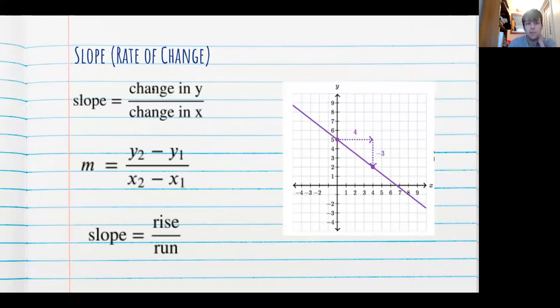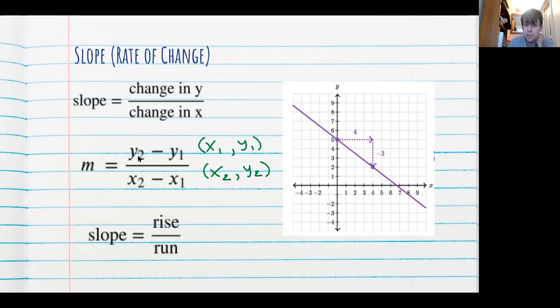Some other ways that we represent slope is by the change in y over the change in x, so vertical change over horizontal change. There's the slope formula that we can use when we are calculating slope between 2 points. If we have 2 points, x1, y1 represents our first point, and x2, y2 represents our second point, then we can use this right here.